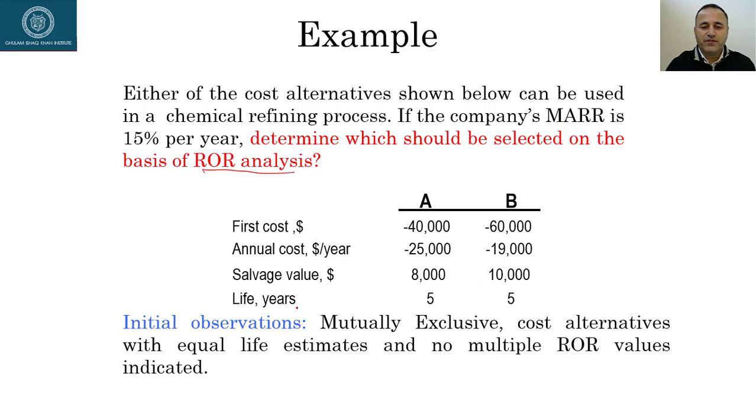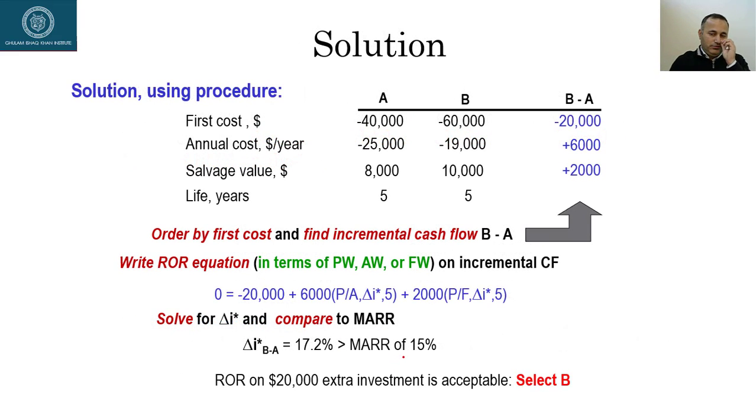My initial observation is that both projects are mutually exclusive because these are cost alternatives, and they have equal lives. Now, my first step is to order these alternatives.